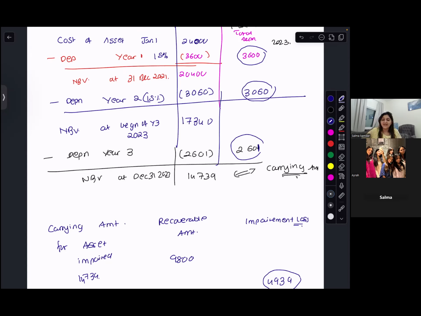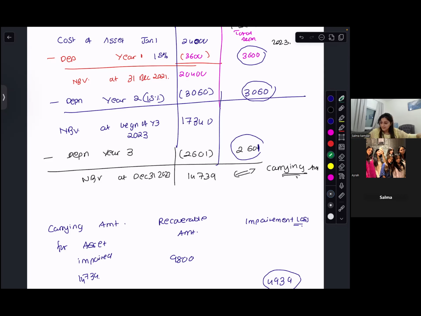So when I am impairing the asset, I am actually removing the asset's loss from my books. So the asset that is impaired, I will remove from plant and machinery the value of the cost and the value of the depreciation.